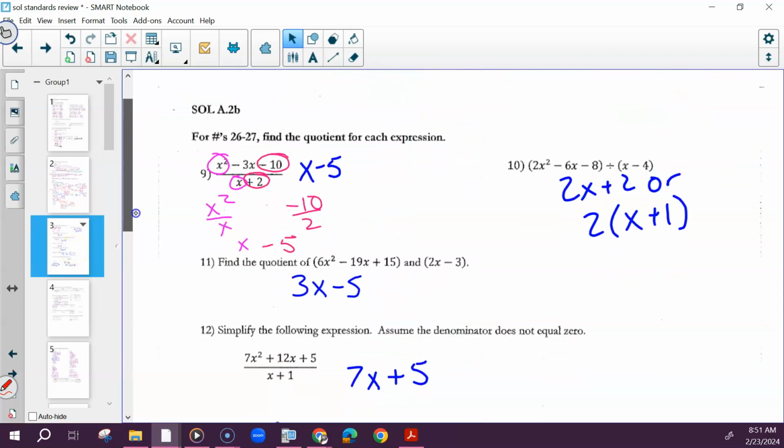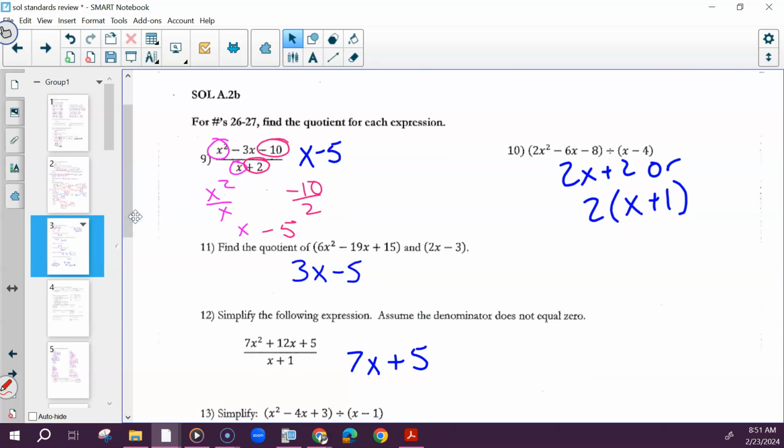Again, we're just writing down answers for A to B. X minus 5 for number 9. 2x plus 2, or 2 parentheses x plus 1 for number 10. 3x minus 5 for number 11. 7x plus 5 for 12.